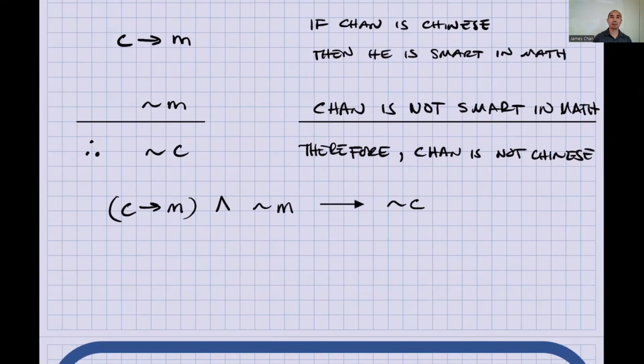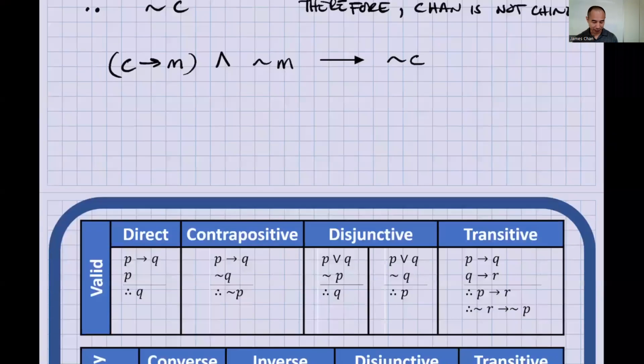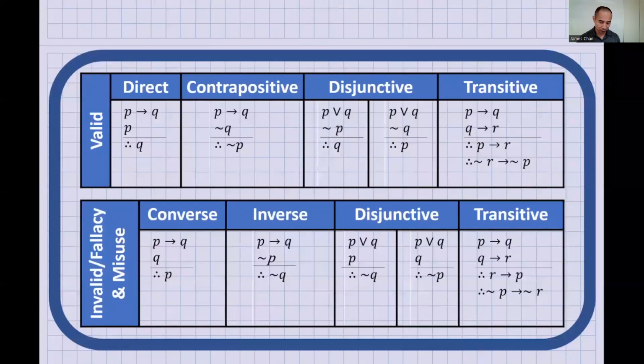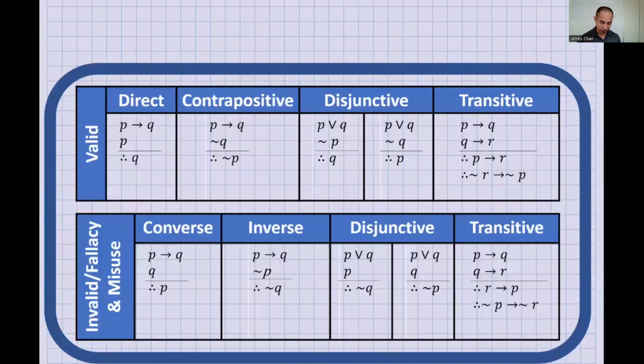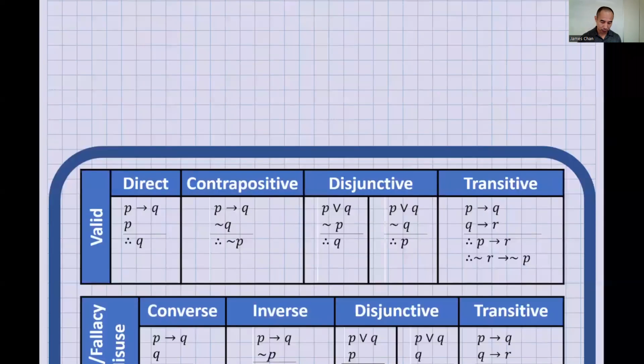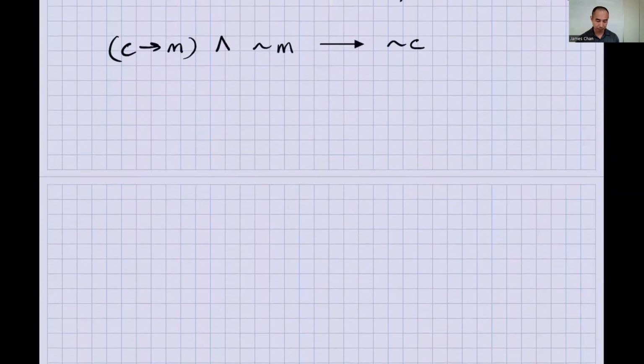Everybody see that? So that is what I'm actually doing. So I have to show the truth table for this. So in that case, let me go ahead and move this down so that we have some space to do this truth table. Okay.